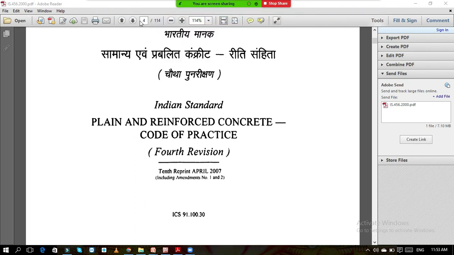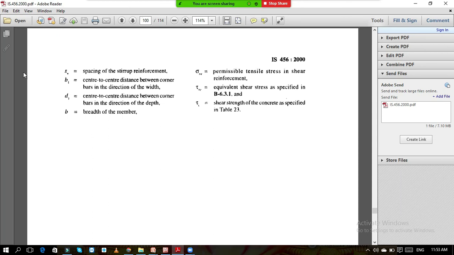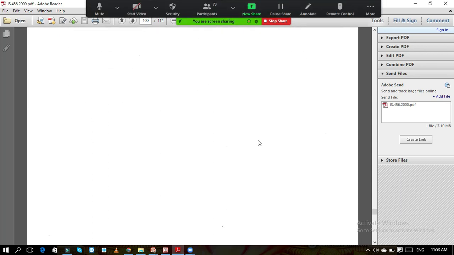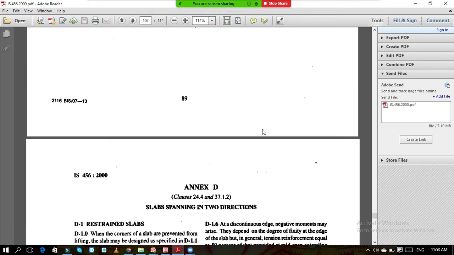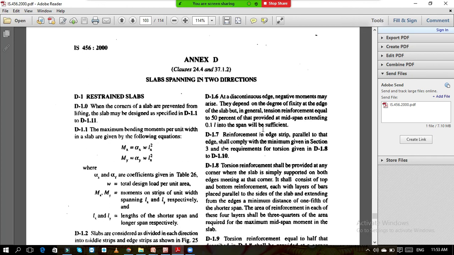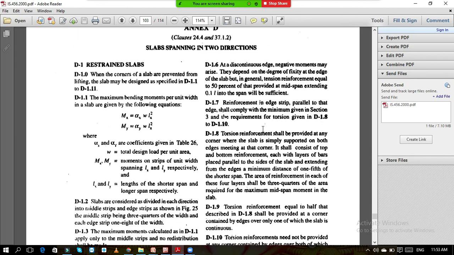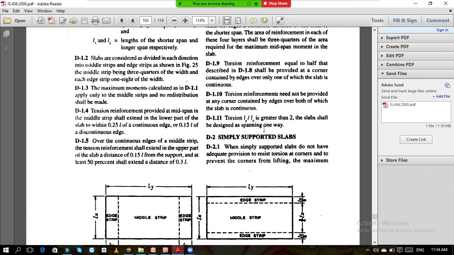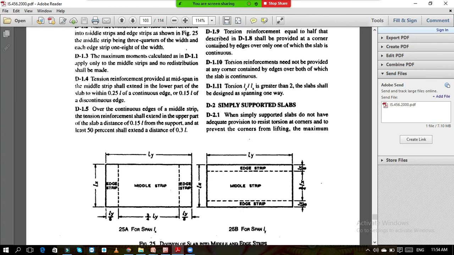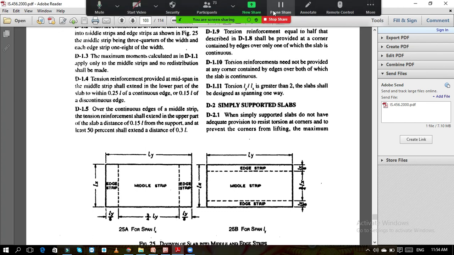So in this IS code, we need to go for page number 90. Okay, on this page number, see here, it is given. I will annotate this.